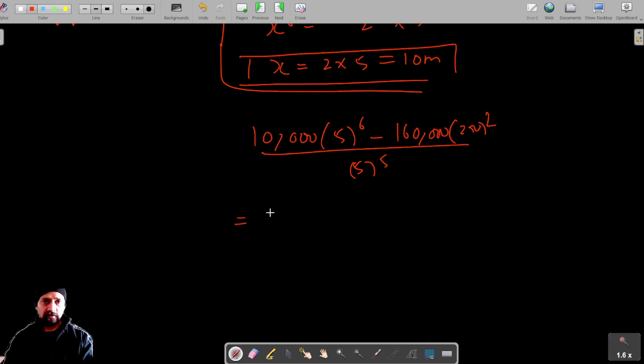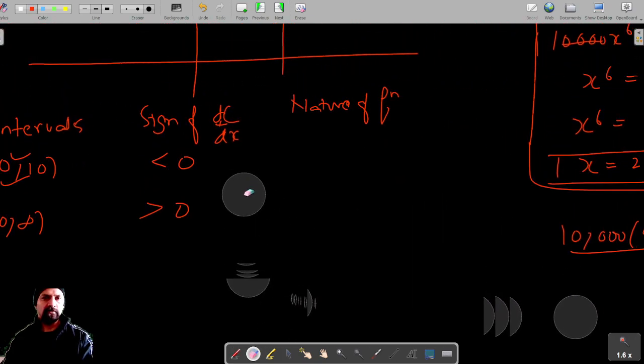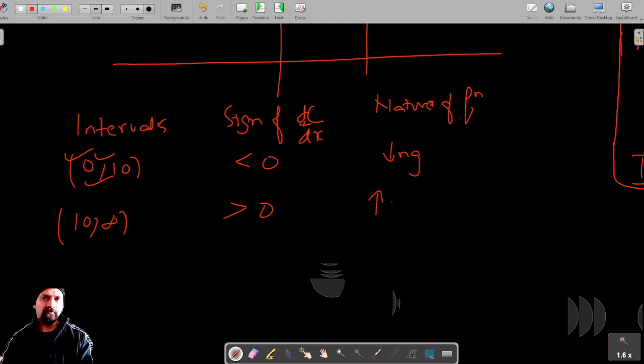So this is 10,000 into 5 raised power 6, and this value is greater than 0. So this value will be negative. So that means the nature of the function for 0 to 10 is decreasing, and it's increasing when 10 to infinity.